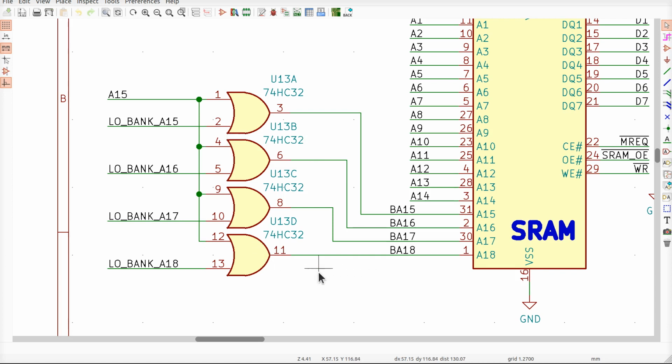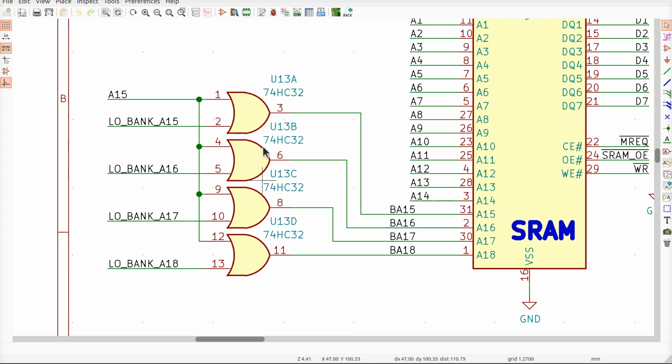Side note, if you decide to use this for some other purpose, even if you want to run CPM on it, but you don't want to switch around the bottom bank while keeping the top banks pinned to bank number 15, well, you can just replace this HC32 with an HC08. Done. Same exact design and everything.